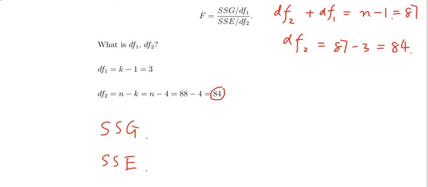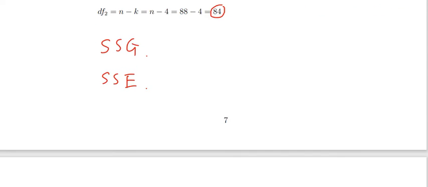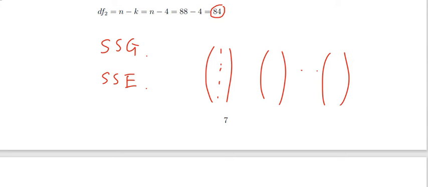So what is SSG? How can I find SSG? Remember, for SSG we put the data so that we assume there is no variance in this direction, and any variance or change comes only from the other direction, right?